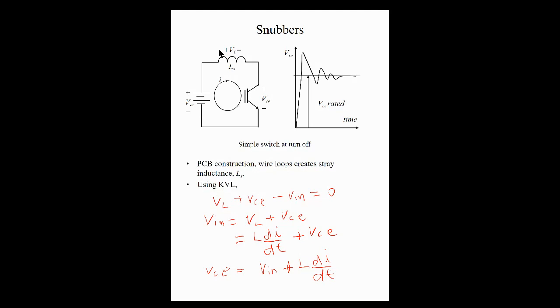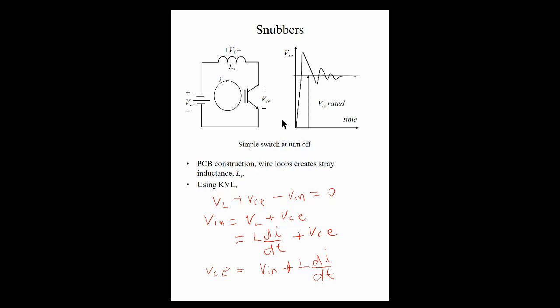Because we have an inductor here, whenever there's a change, it is going to make this component negative. So minus minus makes the whole equation positive. So there's going to be an overall increase in voltage across our switch, and that is why this transient curve is looking like this.